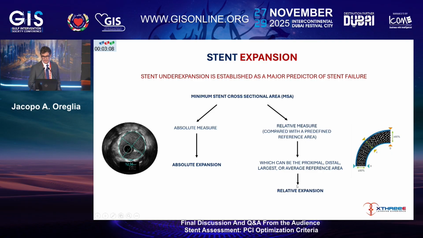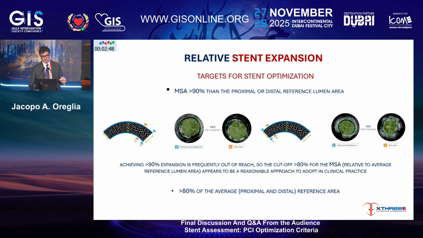And this is the relative expansion that can be measured on the proximal or on the distal reference diameter, but usually can be measured on the average between the proximal and the distal reference vessel diameter. And we should achieve more than 90%, but then we will see that this is not completely correct.